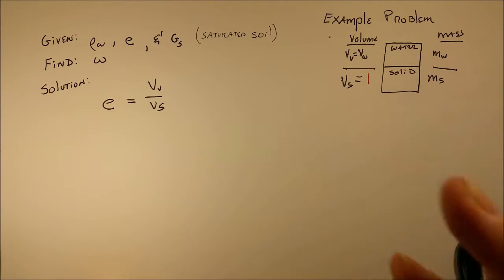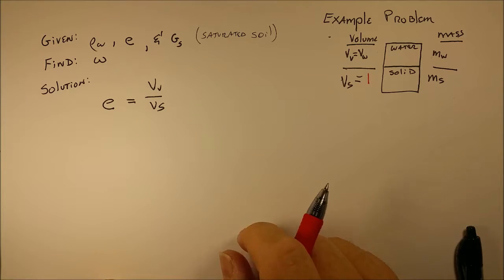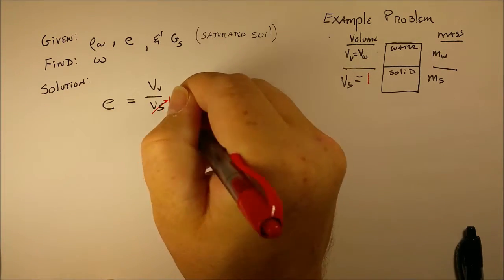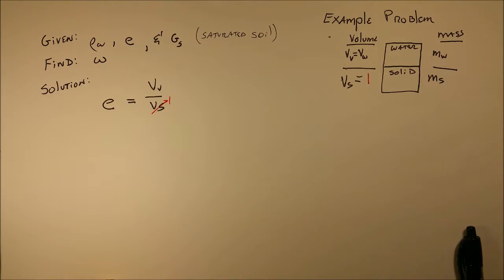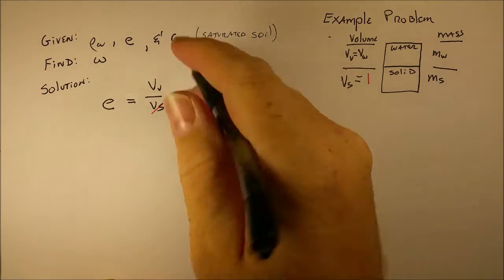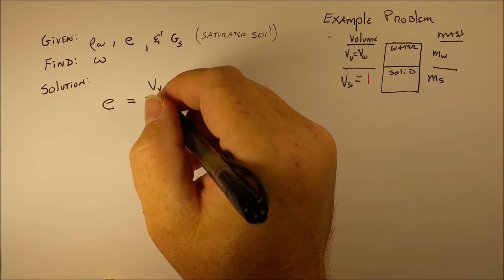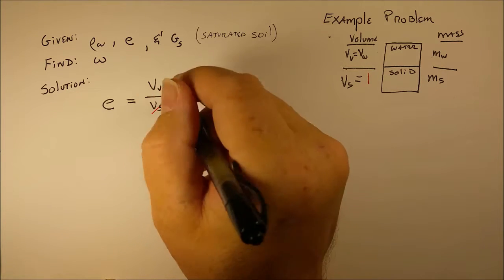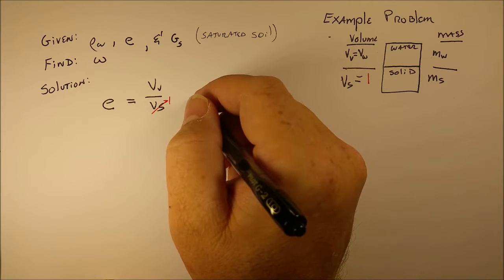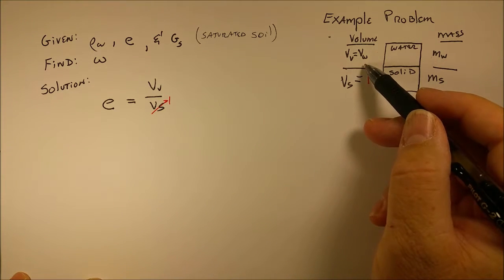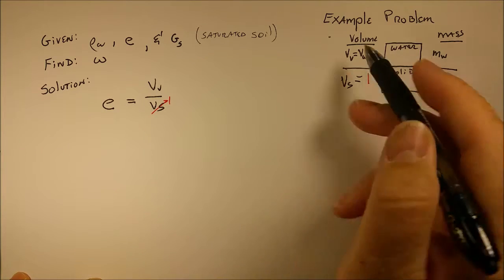So we're being given 1 cubic centimeter, 1 liter, whatever it might be. So if we assume that that goes to 1, that's going to give us something fun. That means that the volume of voids is equal to the volume of voids over 1. And we can also further look at this and say, hey, guess what? Volume of voids is also equal to volume of water.